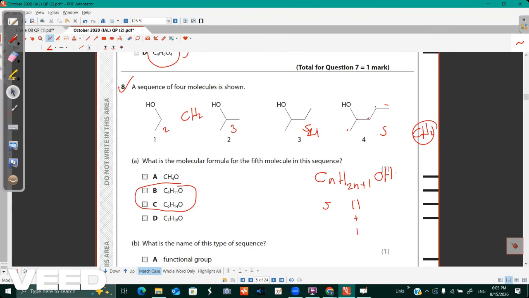Okay, right? So here you have 6 carbons, my bad. 6 carbons, so 12 plus 1 is 13, another hydrogen from OH, 14. So C6H14, this is the most suitable answer. Am I so sure? No, I am not so sure. But between these two, this should be the answer, right?